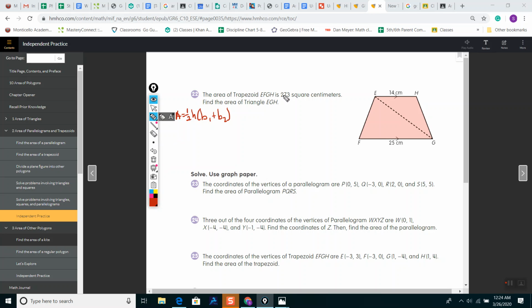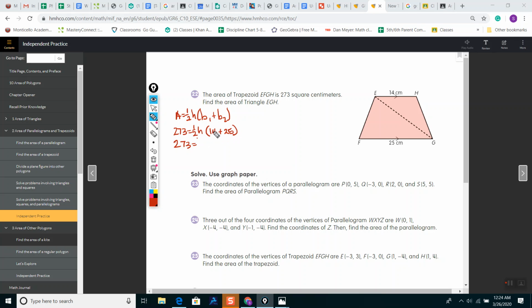Okay, so our area is, we're going to put in things we know, 273, 1/2. We don't know our height, but we do know both of our bases, and Ms. Brock always likes to do the shorter base as base 1 and the longer base as base 2. So 273 is equal to, let's first combine this.